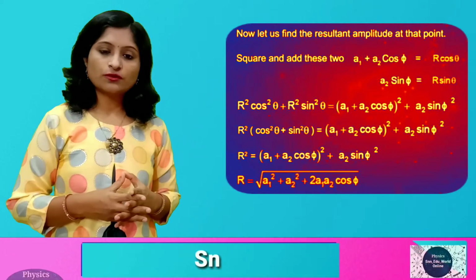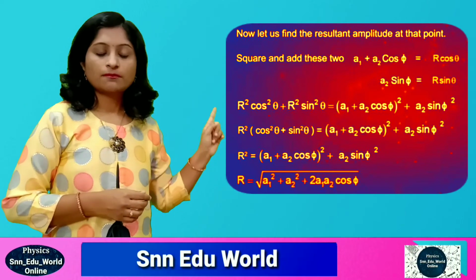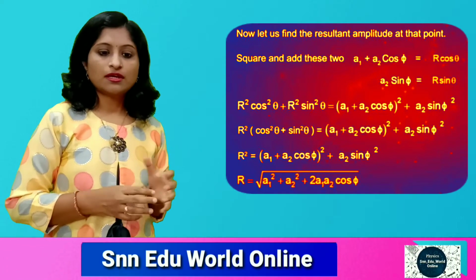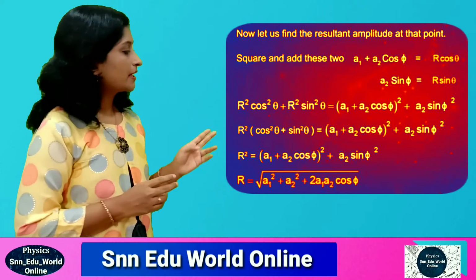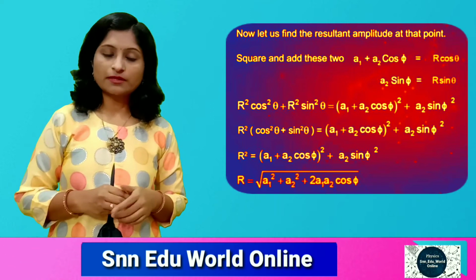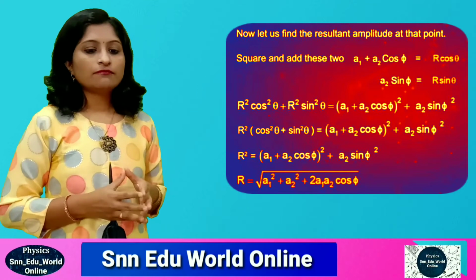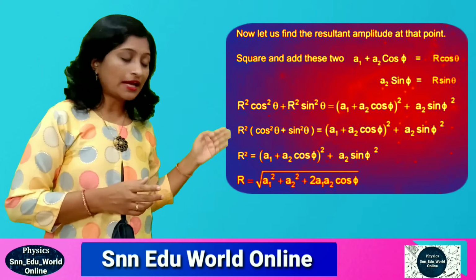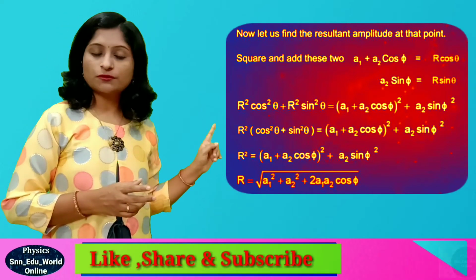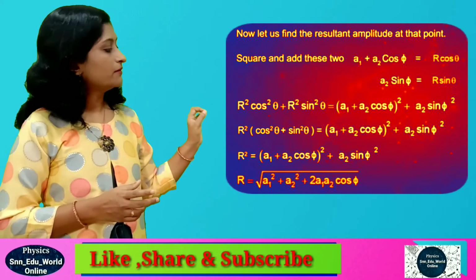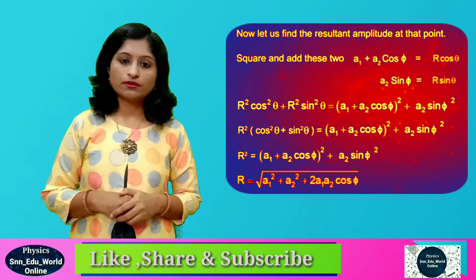Squaring and adding, we get R square cos square theta plus R square sin square theta equals (a1 + a2 cos phi) whole square plus a2 square sin square phi. After solving, with the steps given, you observe this. Finally we get the resultant R equals the square root of a1 square plus a2 square plus 2 a1 a2 cos phi.